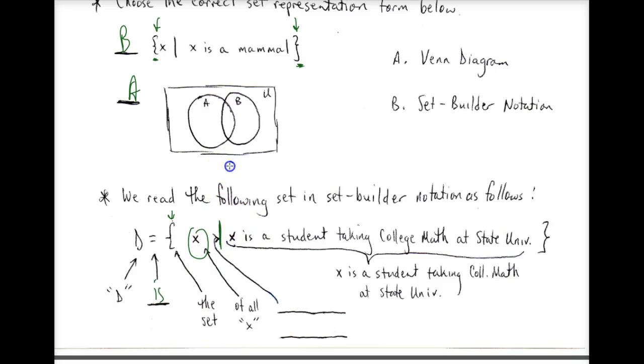Sometimes when it's written like that, it'll also be written with a colon. It just depends upon who the author is in the textbook or how you learned it. So such that x is a student taking college math at State University. So that line there means such that.